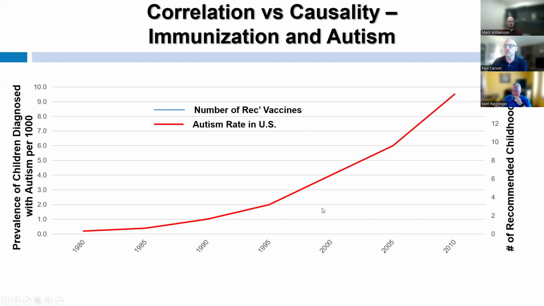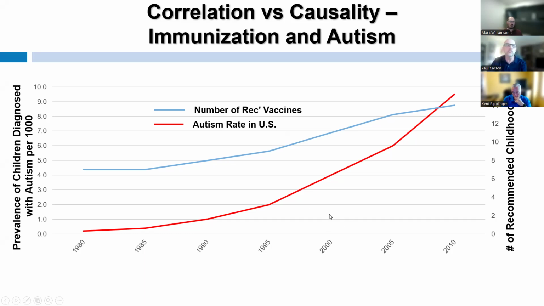So here I plotted the autism rate, which is going up. There are a number of explanations for this, but autism rates are going up in the United States, and are correlated with the number of vaccines received by children over time. We've added more and more vaccines to the vaccine schedule, and it has a loose correlation with rising rates of autism.